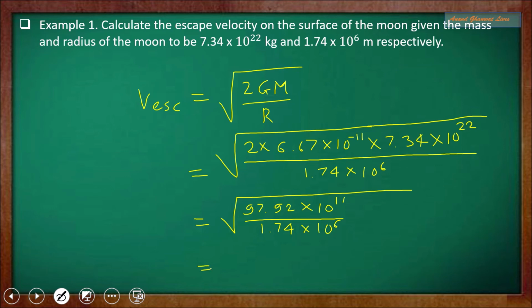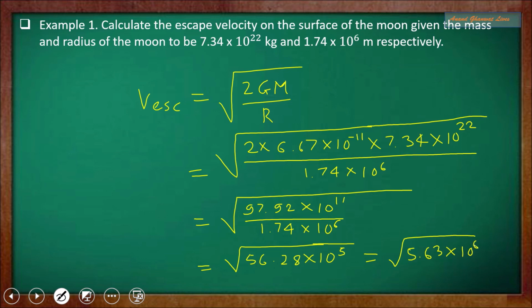Now divide 97.92 by 1.74. It is equal to 56.28 into, now 10 raised to 11 divided by 10 raised to 6, that is 10 raised to 5. So it is equal to 5.63 into 10 raised to 6.